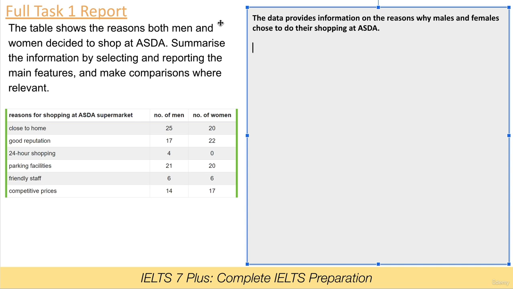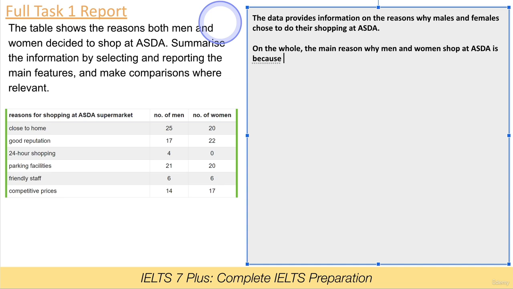And now, of course, we need to go into our overview. So on the whole, that's quite nice. On the whole, the main reason why men and women shop at Asda is because it is close to home.